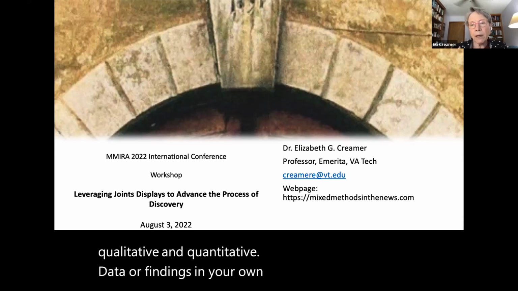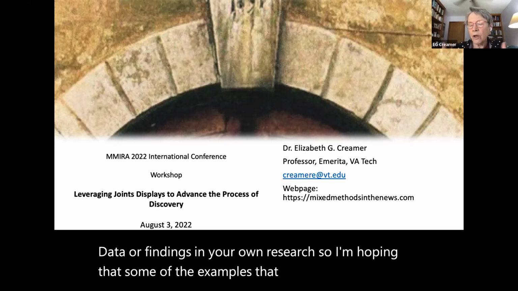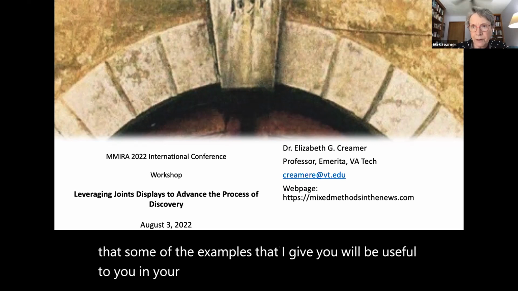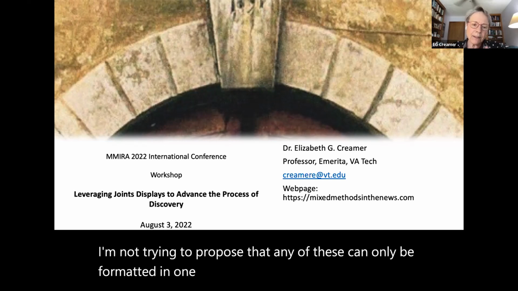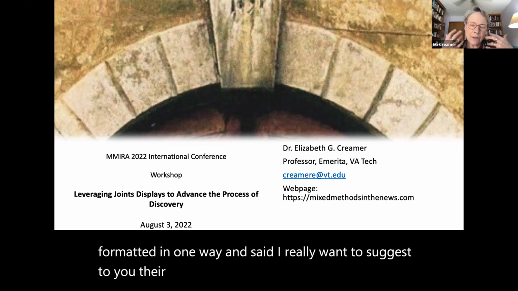I'm hoping that some of the examples I give you will be useful if you adapt them. I'm not proposing that any of these can only be formatted in one way. Instead, I suggest their use as a starting point, a spring point for ideas.